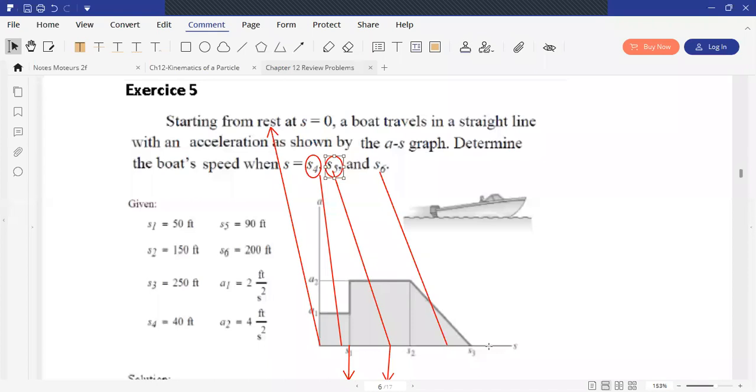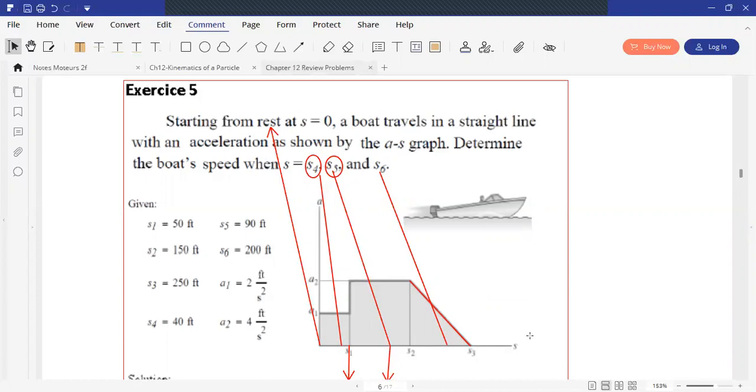Integration. Very good, integration. The first step to do integration is to find a function of S. To do that, all I have to do is consider this line. It's a straight line and it has a negative slope.